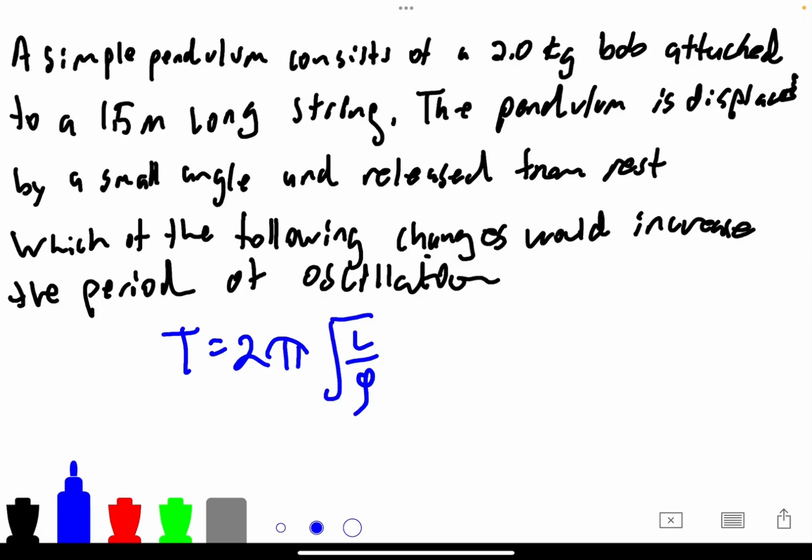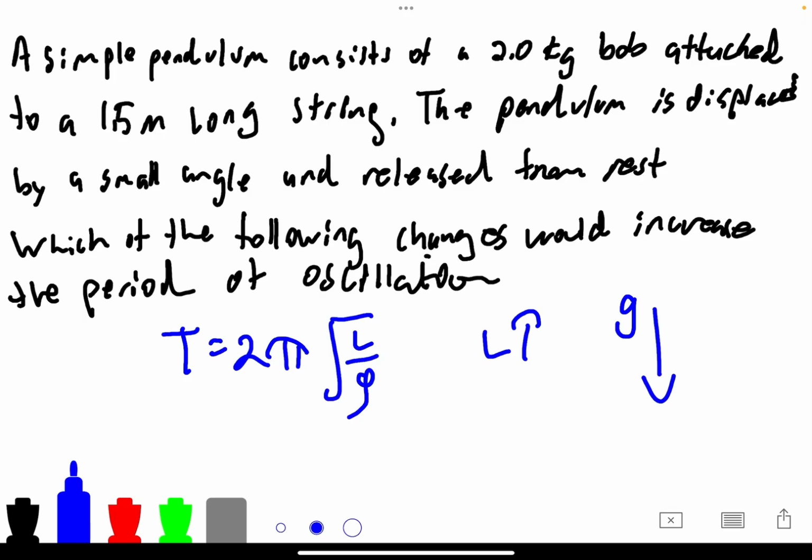To increase the period, either the length has to increase or the gravitational field has to decrease. Mass doesn't affect it, amplitude doesn't affect it.